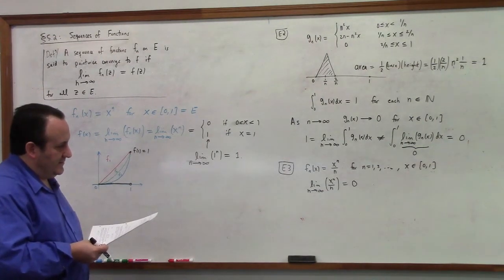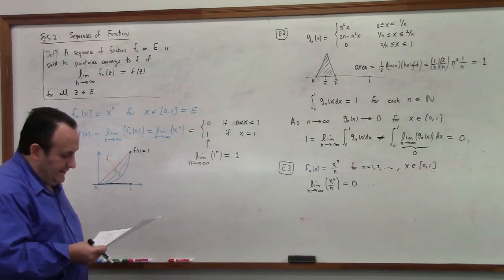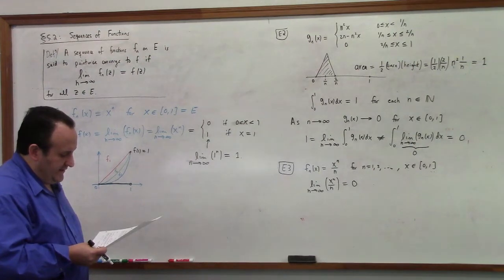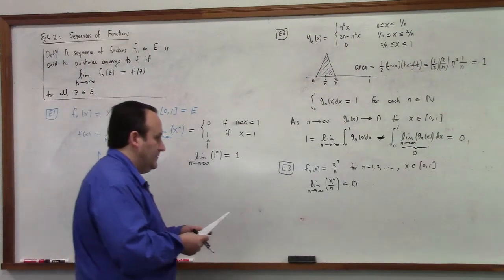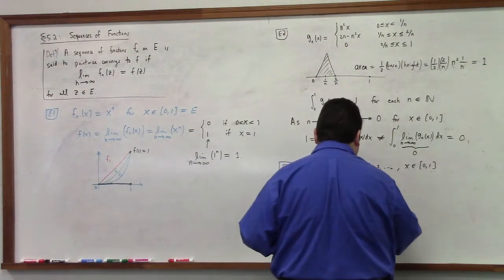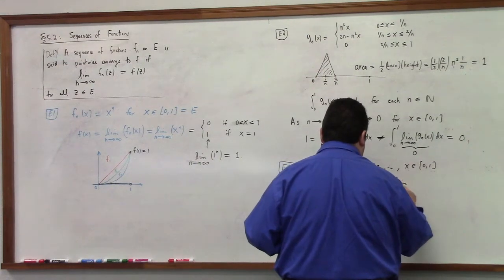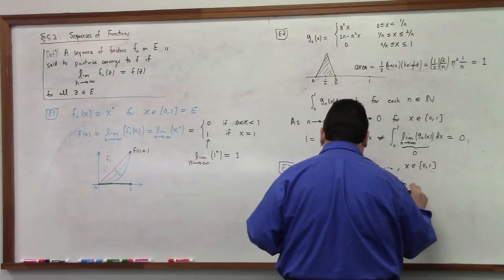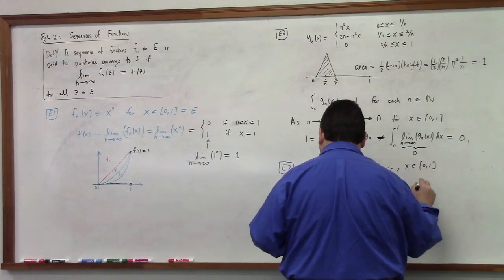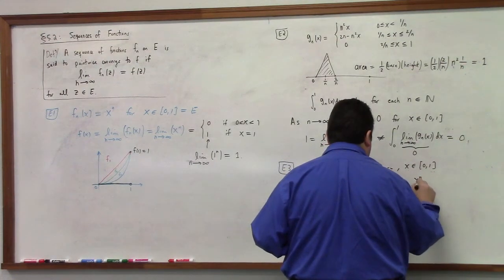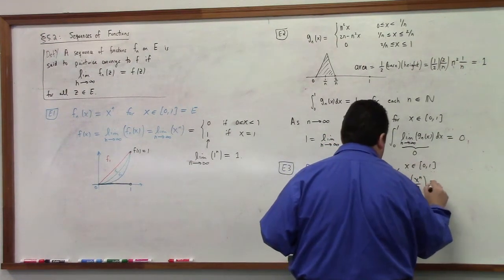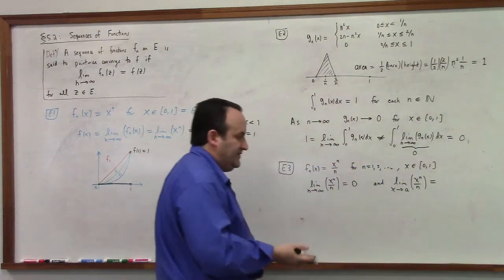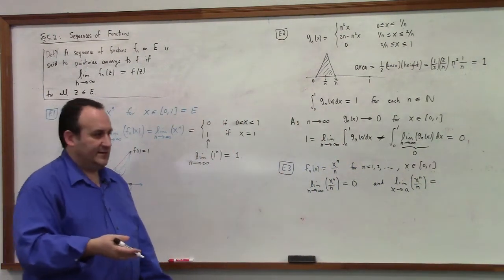So that limit is clearly 0. And furthermore, the limit as x goes to a, what can you tell me? Limit as x goes to a of x to the n over n, what's it equal to? Well, this is just equal to a to the n over n, right?